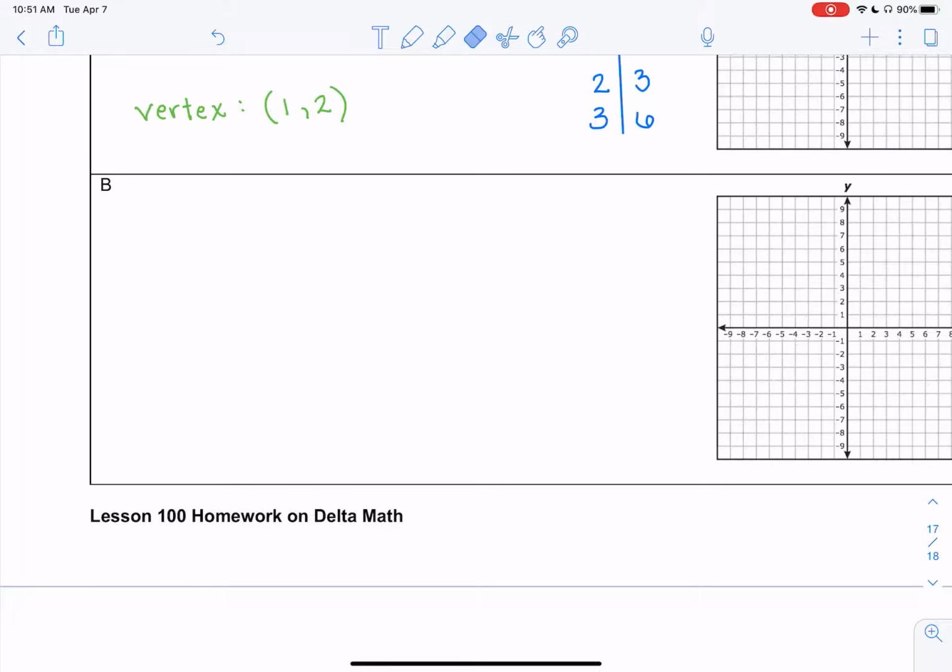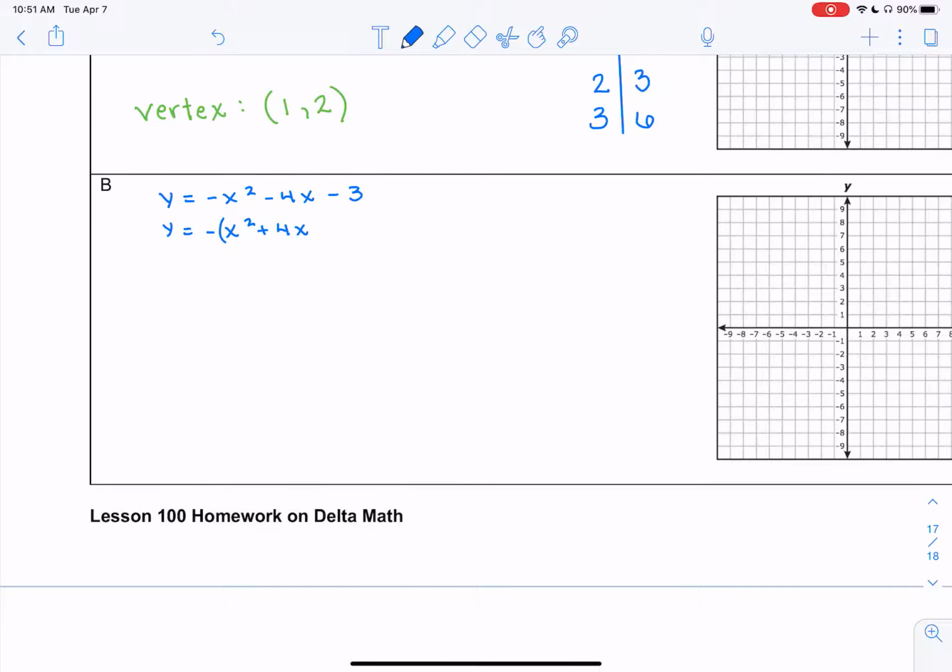This is question B from textbook page 418. The original equation is y equals negative x squared minus 4x minus 3. First thing I need to do is pull that negative out of the first two terms.